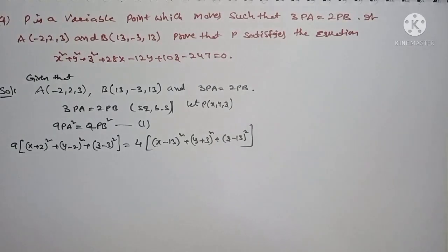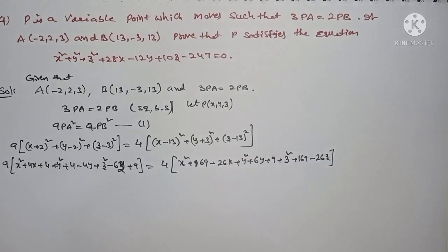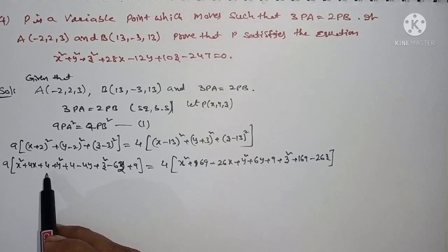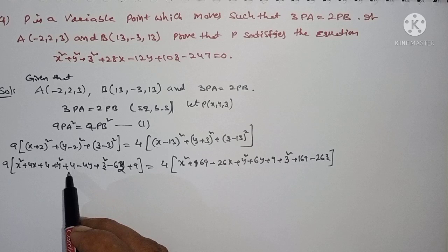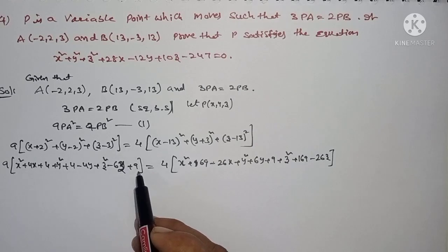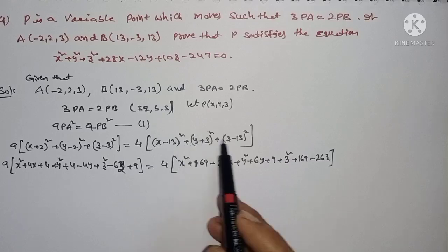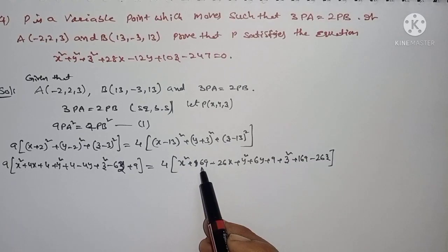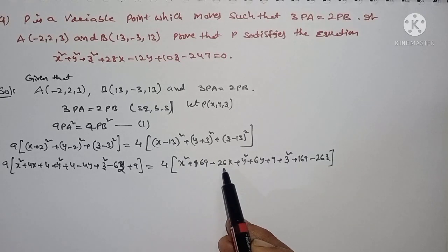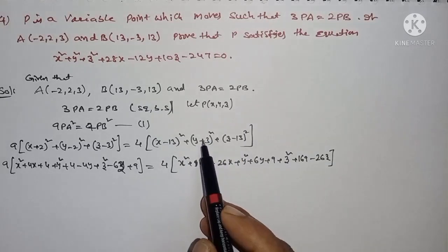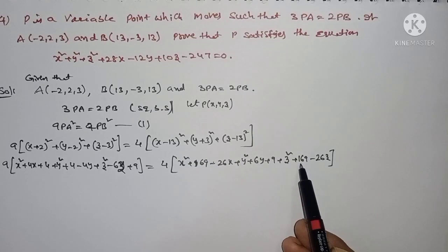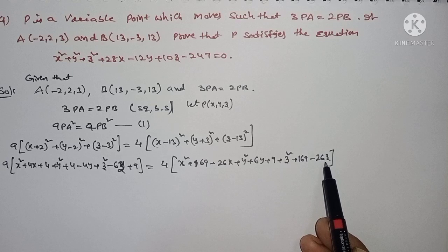Get simplification. 9 of (x plus 2) whole square: x square plus 4x plus 4, y square minus 4y plus 4, z square minus 6z plus 9. Similarly, this one is x square plus 169 minus 2ab, which means 26x, y square plus 6y plus 9, z square plus 169 minus 26z.